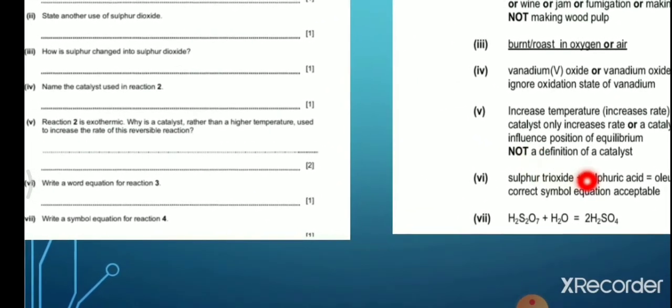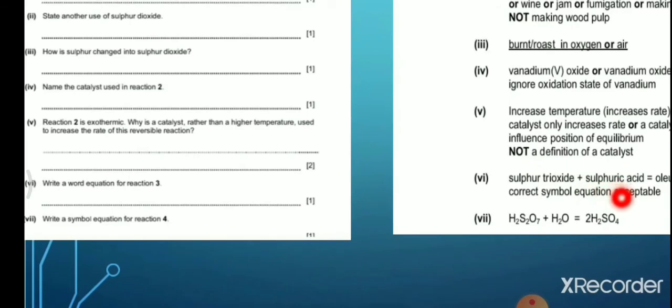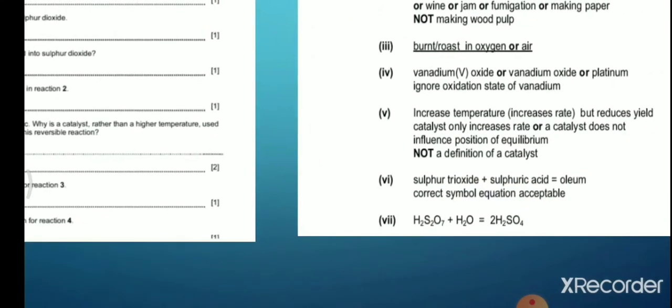Sulfur trioxide plus sulfuric acid will give oleum. This is the word equation. You should write it in word form: sulfur trioxide plus sulfuric acid gives oleum.